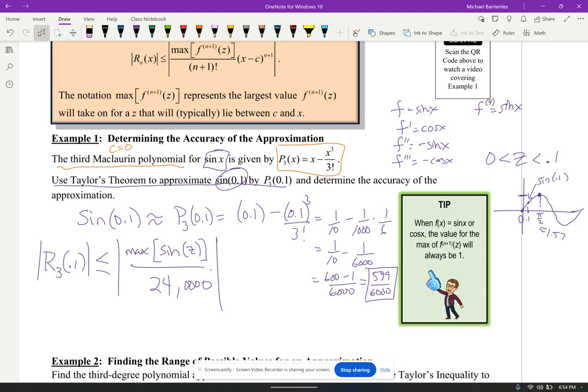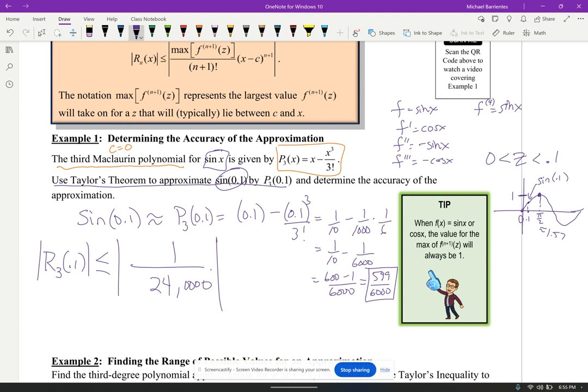What is the maximum value for a sine function? The biggest sine value I can find on the unit circle is 1. So why don't I just say that the maximum of sine z, well, yes, it should be this point, but I have no idea what that point is. So why don't we just say the maximum of sine is 1?